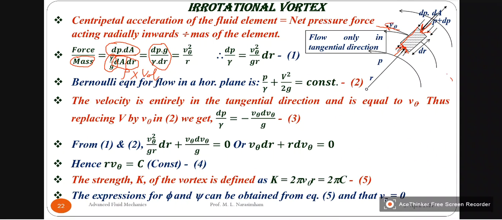So when the fluid is moving like this, it will have a centripetal acceleration which is given by v theta square by r. So this will give you the expression for dp. So dp by gamma is this.